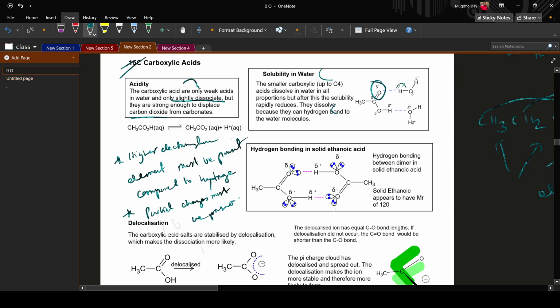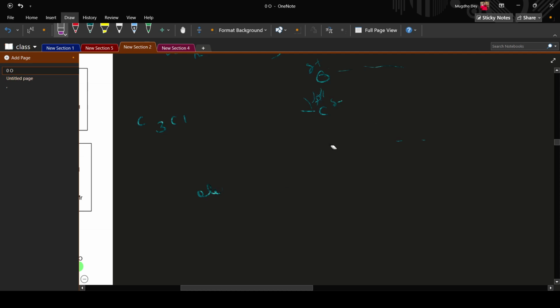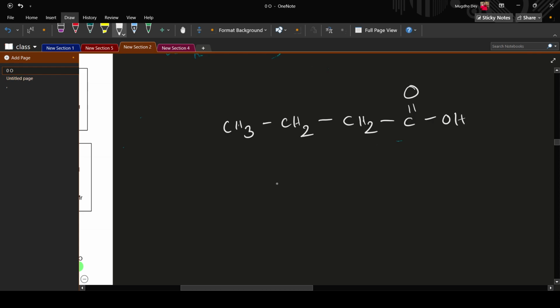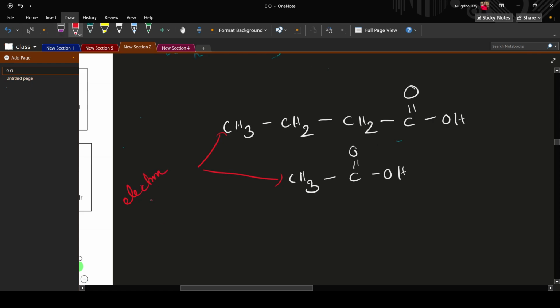Now, I explained it that day, so if I just explain it here, obviously this is a shorter chain, and we know that these groups are electron donating groups.